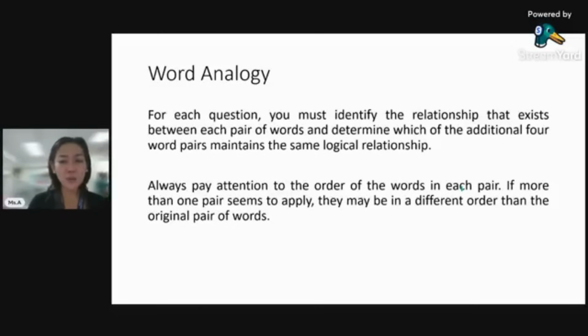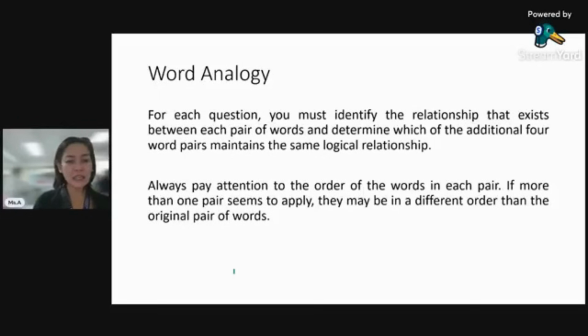Para malaman natin kung yung pang-apat na salita na idadagdag natin ay nami-maintain pa din po niya yung relationship ng bawat words.